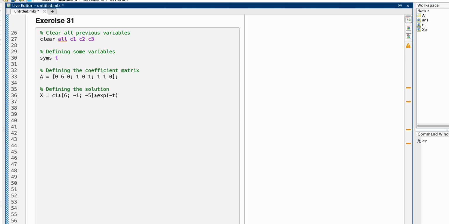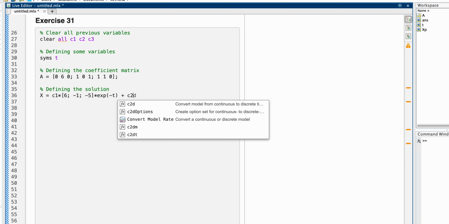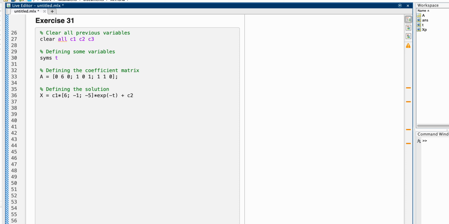And then we're going to add C2, so this is probably the second solution, and they were all added together with the superposition principle. And that's going to be multiplied by another vector, which is the vector -3 in the first row, 1 in the second row, 1 in the third row, all multiplied by e to the -2t.